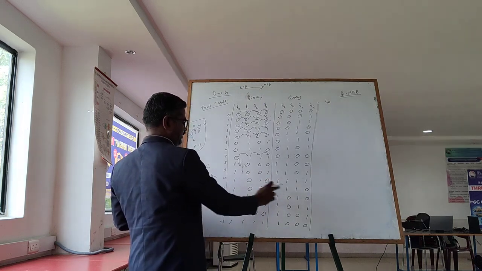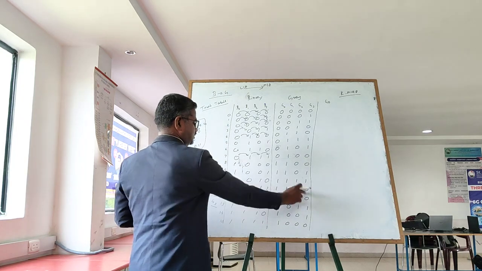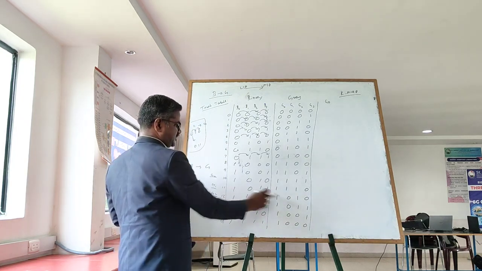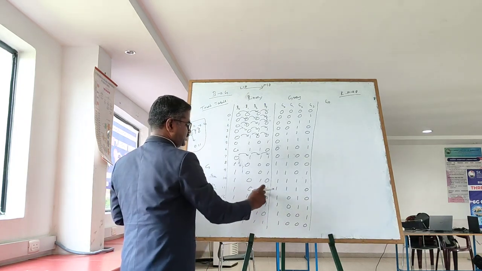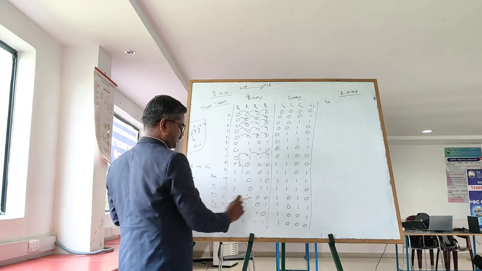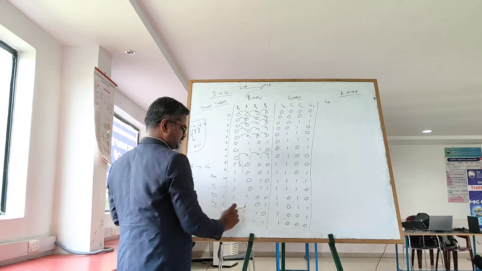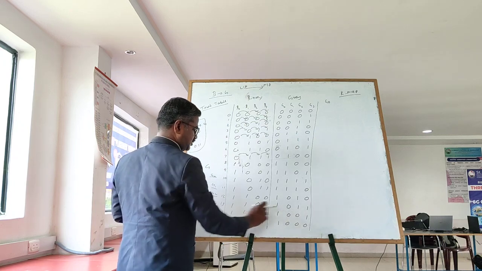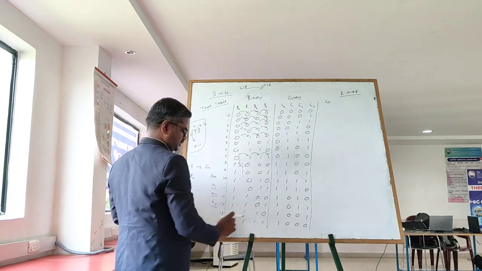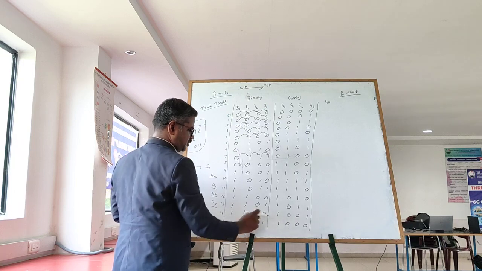So first bit difference, here also difference, same bit 0. Here first bit, same bit 0, different 1, same bit 0. Here first bit, same bit 0, different 1, 1. First same bit, different 0, different 0, 1, 1, 1, 1, 0, 1, 1, 0, 1, 1, 0.